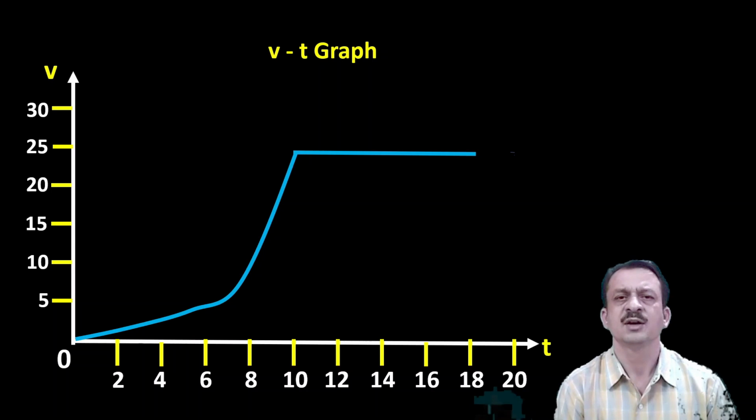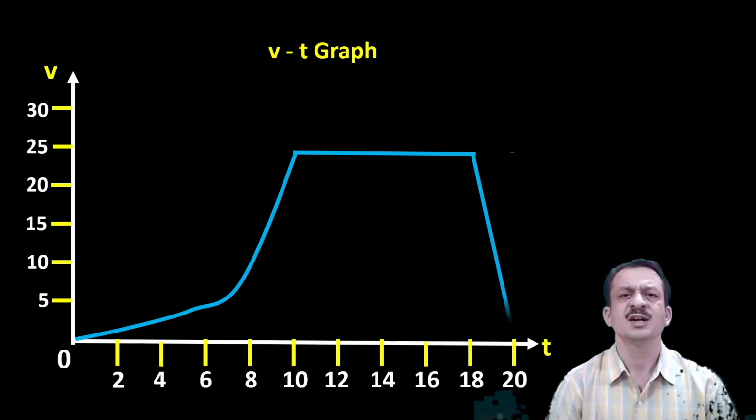Then in the third time interval, 18 to the 20th second, the velocity goes on decreasing. That means the car has a negative acceleration. Therefore we have a decreasing straight line. Now this simple graph describes the variation of velocity with respect to time. We are dividing this time into 3 intervals.